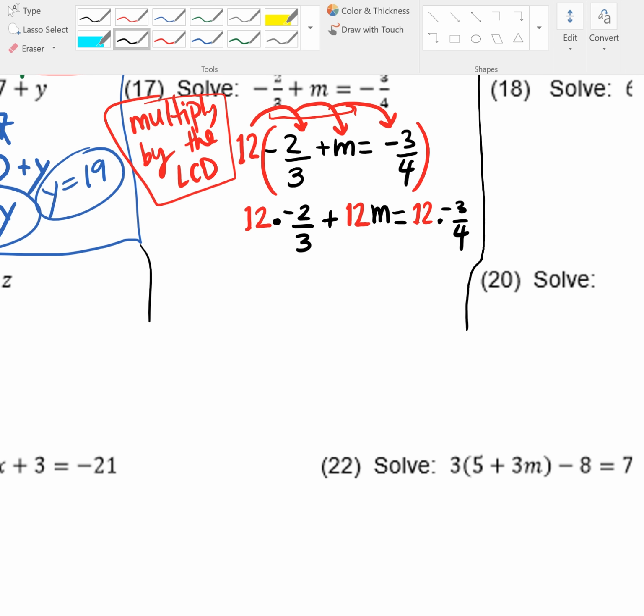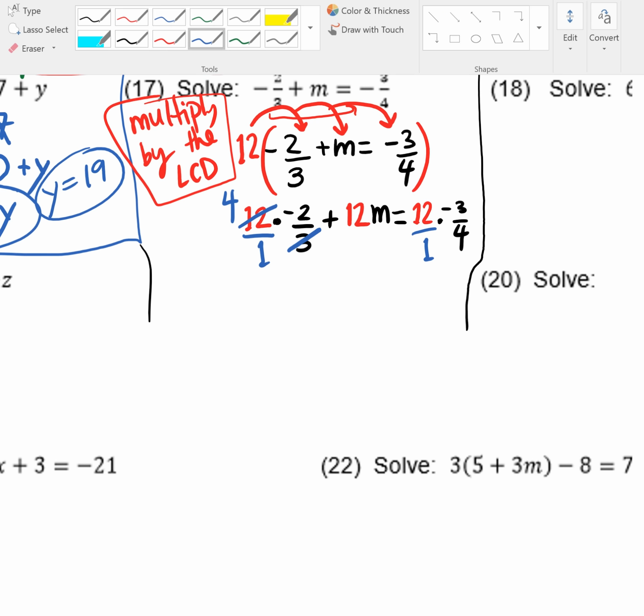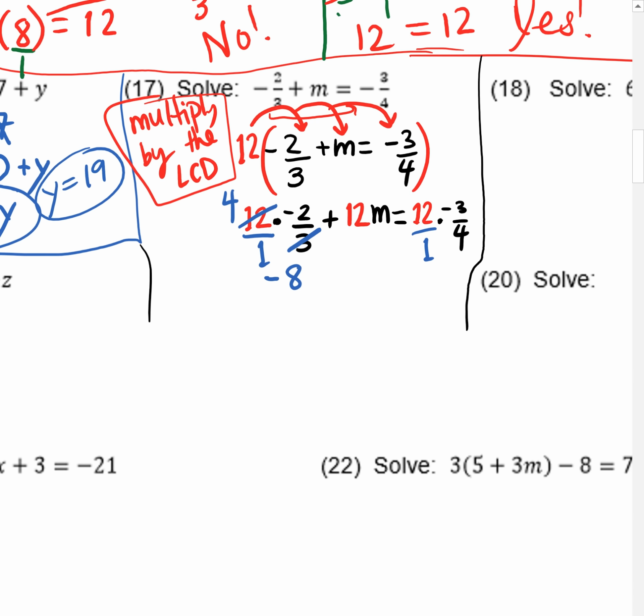Now I have to put the 12s over 1, especially when they're multiplying by a fraction. And then I'll try to reduce. Here, 3 can go into 12 4 times, and 4 times negative 2 will be negative 8. Plus 12m equals, and I can reduce these, 4 can go into 12 3 times. 3 times negative 3 is negative 9.